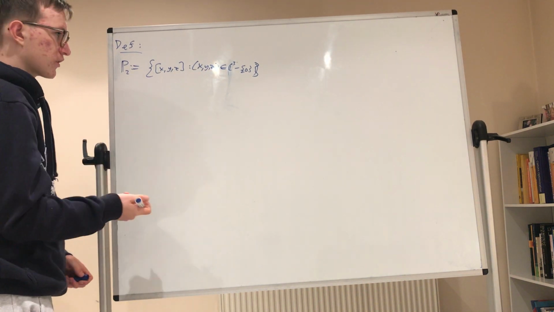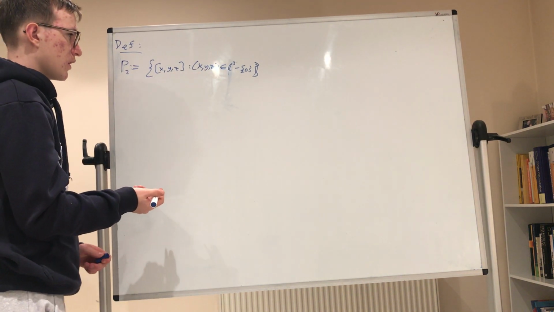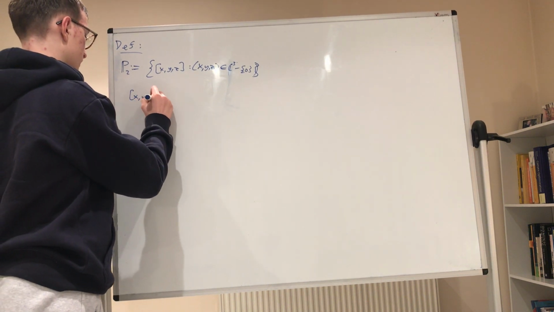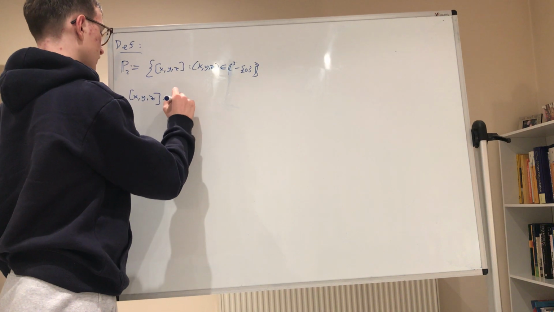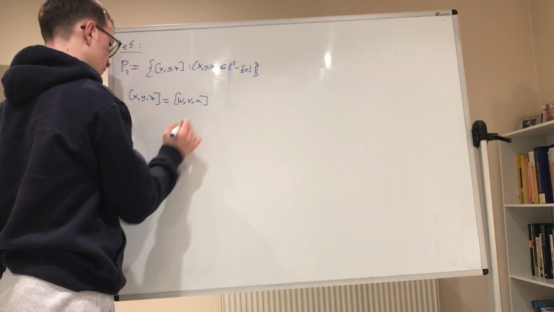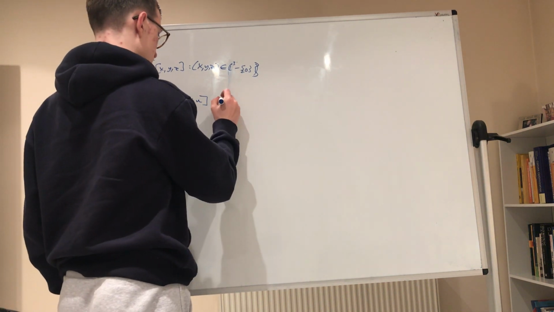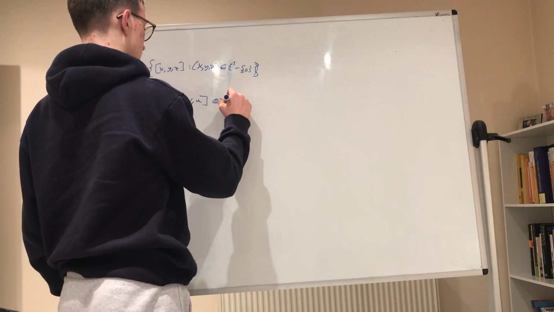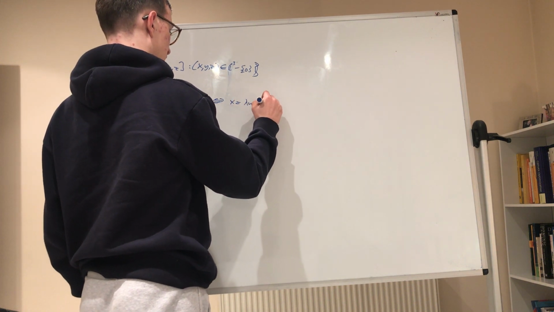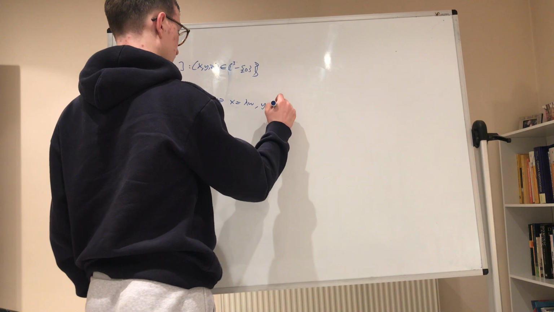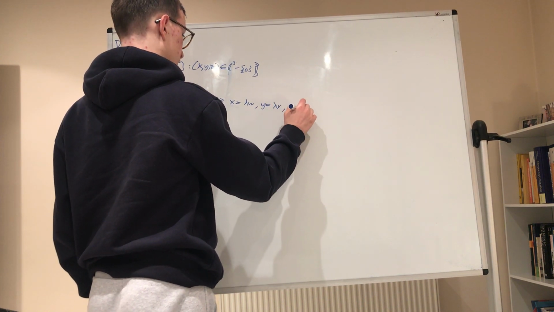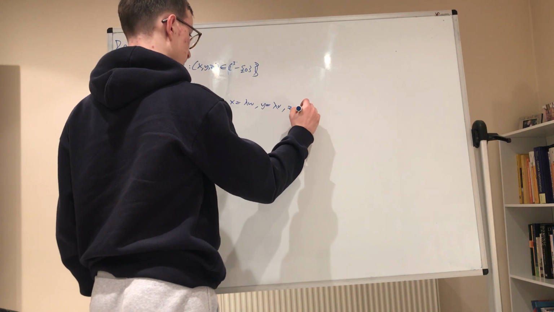And in these equivalence classes, we have [x, y, z] being equivalent to [w, v, u], for example, if and only if x is equal to some lambda w, y is equal to lambda v, and z is equal to lambda u.